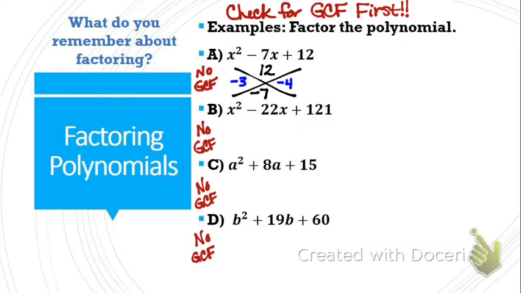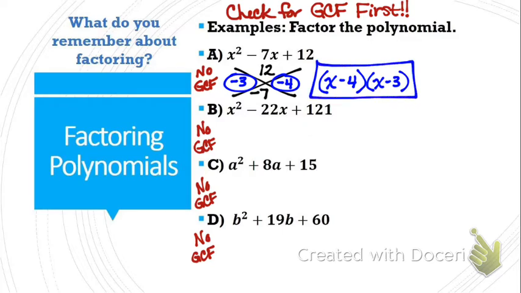Because my leading coefficient is 1, I can take this and write down my two factors. It's going to be x minus 4 and x minus 3. If you want to draw the box, the area model, so that you know for sure you have it factored correctly, that's fine.